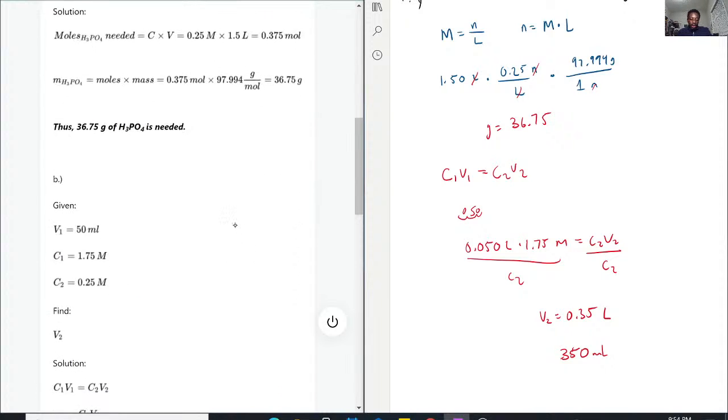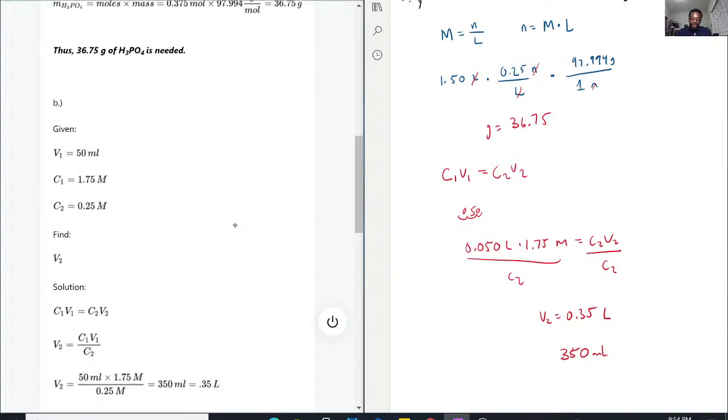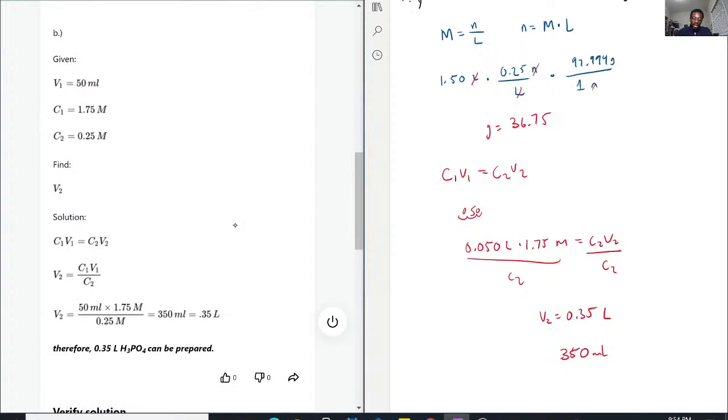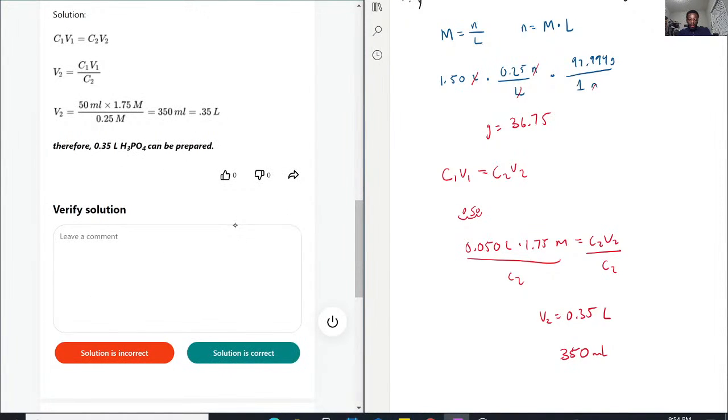Now for the next part, 50 mL, 1.75, 0.25, and it was indeed C1V1 is equal to C2V2, and you can see that is 0.35 liters, which is also known as 350 milliliters, okay? So with that being said, this is also correct.